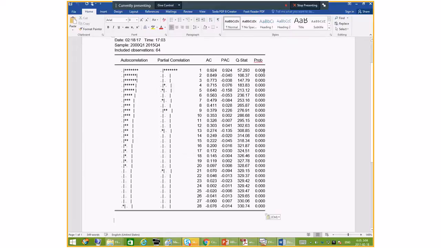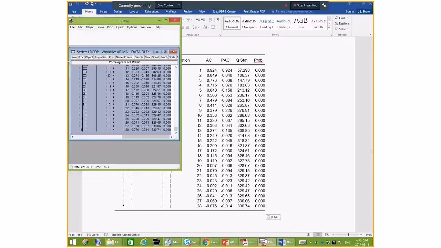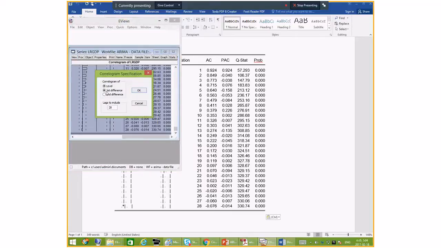The probability values relating to the Q statistics are less than 5%. It means that the series are non-stationary. Then go for the first difference.